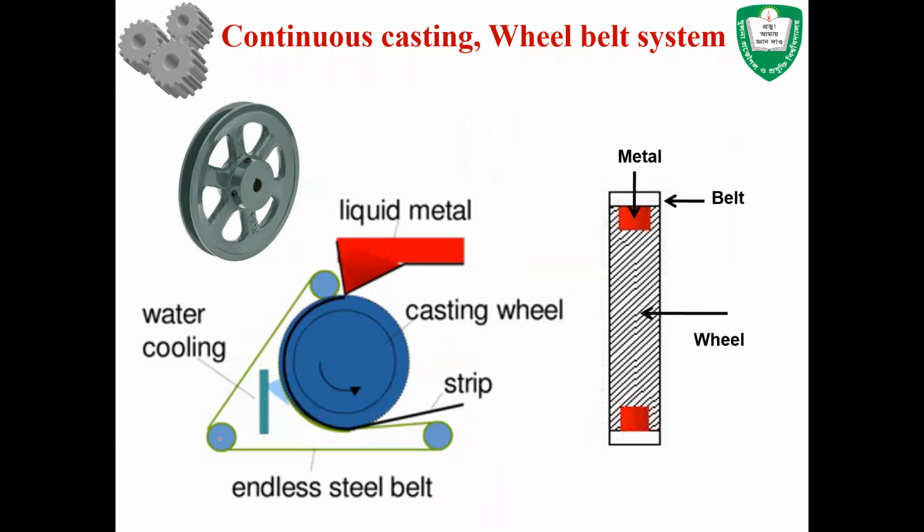This is the drag roller. When this casting wheel rotates, the molten material is poured into here, and the belt traps the molten material inside the wheel, and then you apply cooling water in here, so that the material gets solidified before getting out of the wheel.